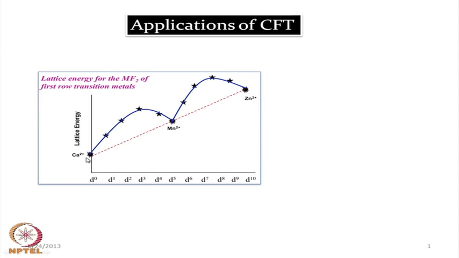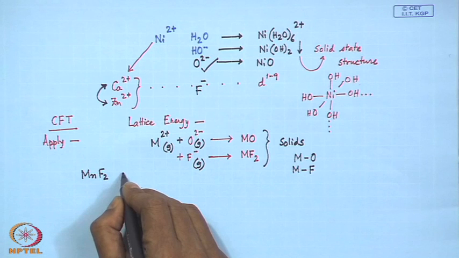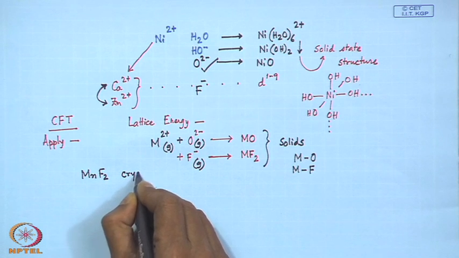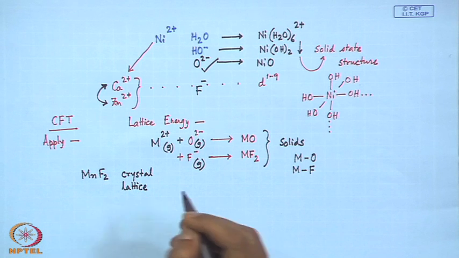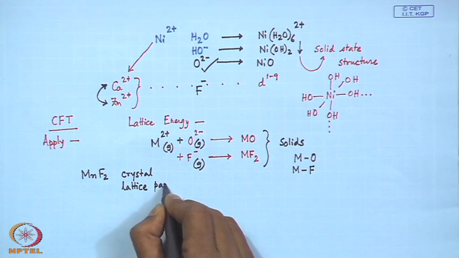So, it is a situation where we are simply considering an octahedral crystal field where all the groups come to attach to the metal ion. But what we are talking about in terms of manganese fluoride or any other fluoride salt is the solid state packing, the crystal lattice packing, that we have to see.